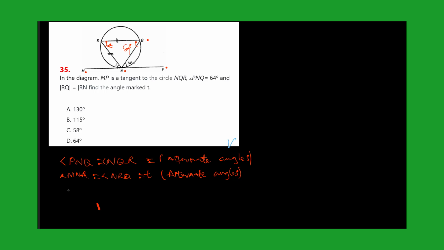Then, since line RQ equals line RN, this line RQ equals line RN, because it is an isosceles triangle. So angle NRQ also equals angle RNQ.